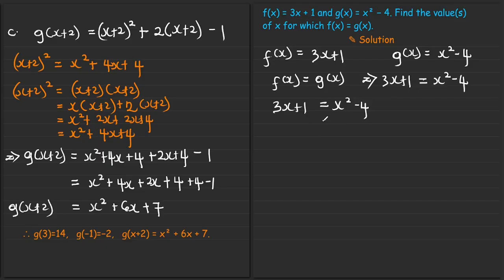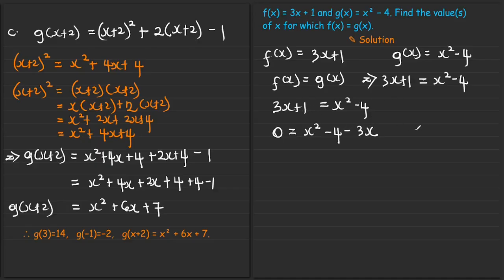Now with this, we would have to what? Rewrite it so that it looks like a quadratic. So to solve this, our advice, let's move everything to the right hand side, so that we have just 0 on the left hand side. We have 0 equals x squared minus 4. Then 3x moves to the right hand side to give us a negative 3x.